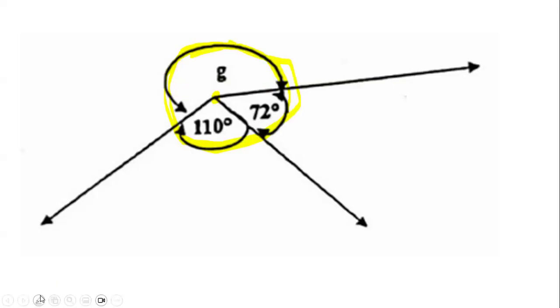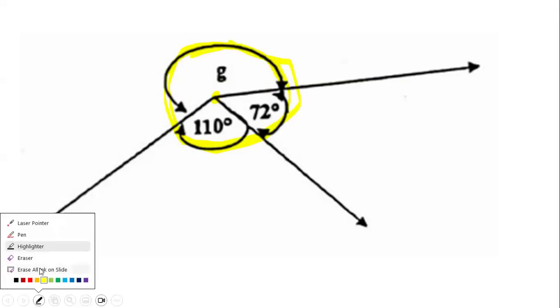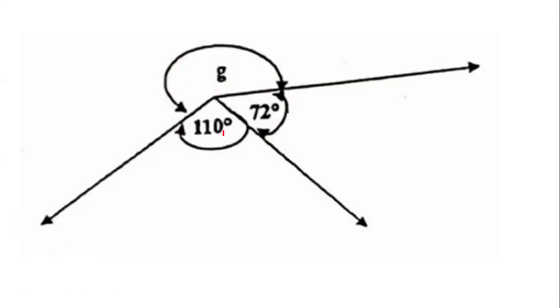And so that means in order for us to figure out the size of angle G, we need to add 110 plus 72. And that gives us what? 182.